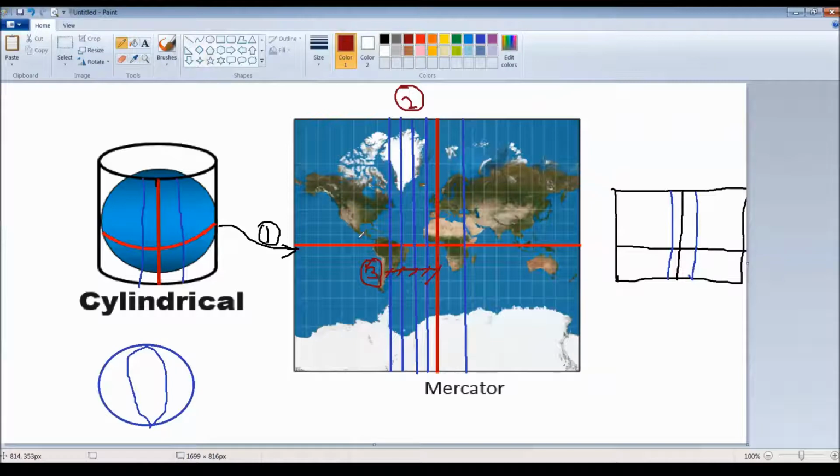Okay, what else do we have? Well, let's now look at the latitude circles, and let's pick orange, for example. So we have the latitude circles. Where is this circle going to be projected? I hear some of you saying it correctly. It's going to be projected as a straight line above the equator.